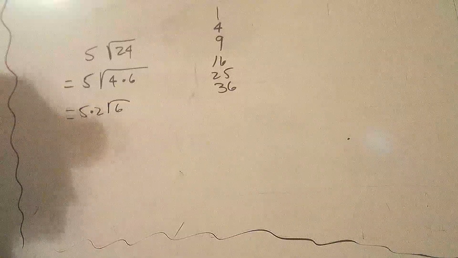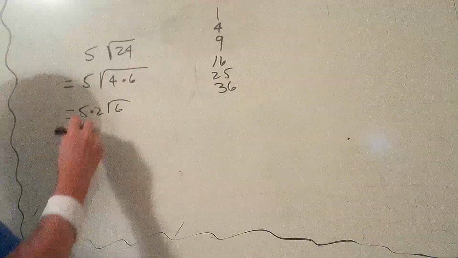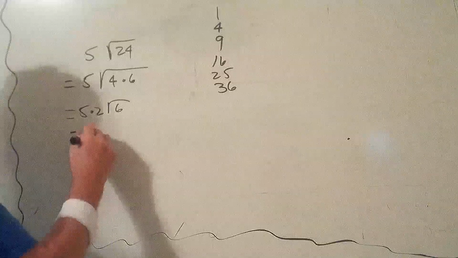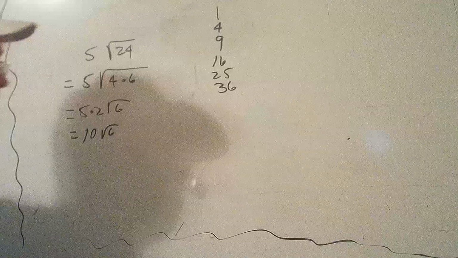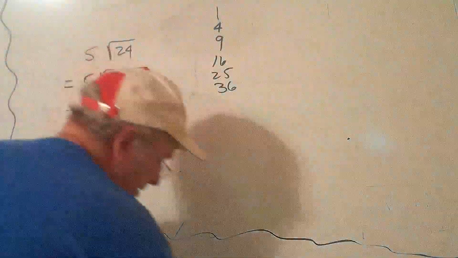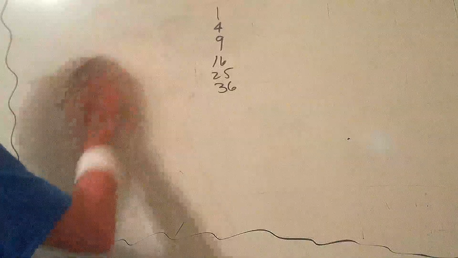Can we do anything to the square root of 6? No. So what does this equal? Now remember, everything in here is multiplication, so it's 5 times 2, which is 10 square roots of 6. Right? This is really pretty simple. It's just a different way of looking at these things.